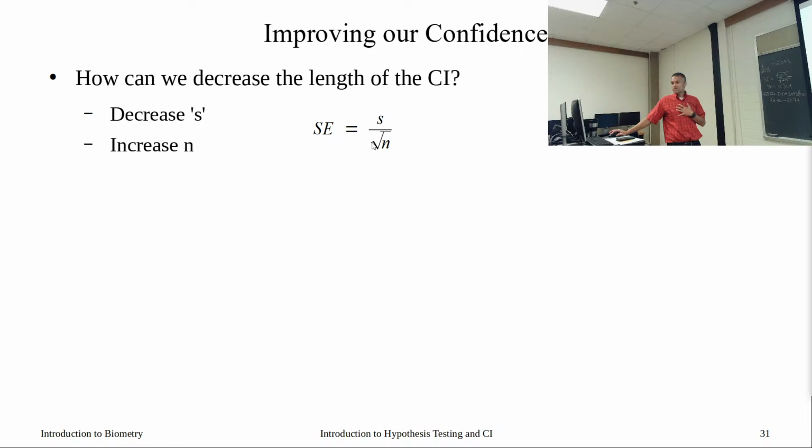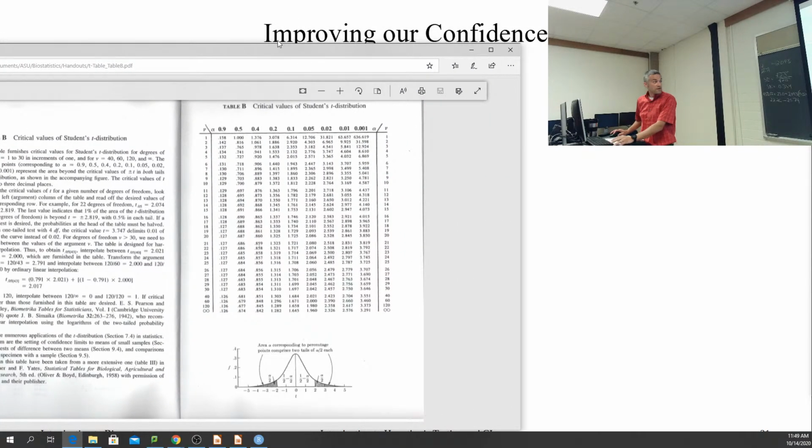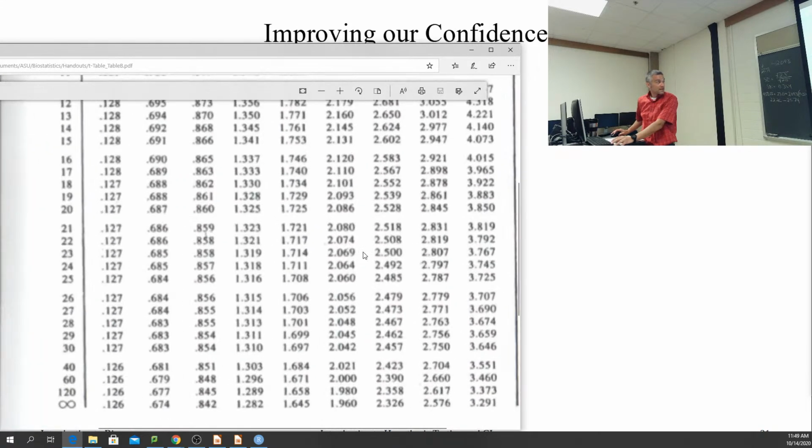The other way is to increase your sample size. So instead of measuring 20 raccoons, maybe measure 40 or 50. That's going to have a good effect. Not only is it decreasing the standard error, because if you increase the denominator, you decrease the standard error, but it's also increasing the degrees of freedom. And with our t table, I said as we increased our degrees of freedom, we approached normality.